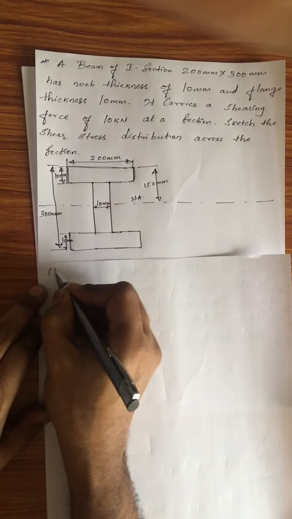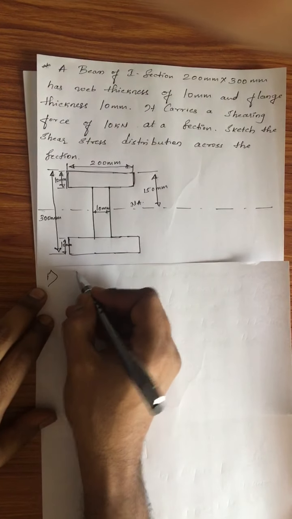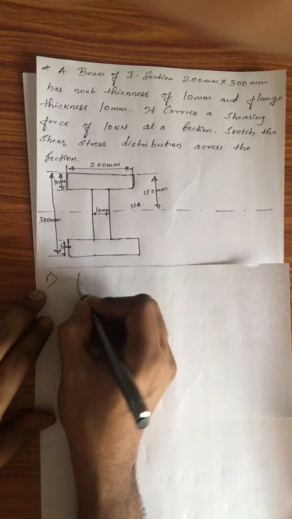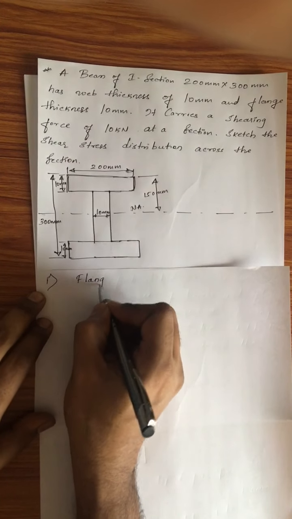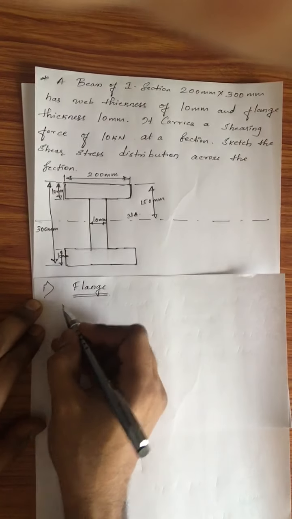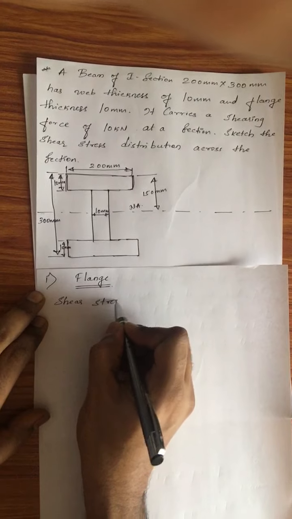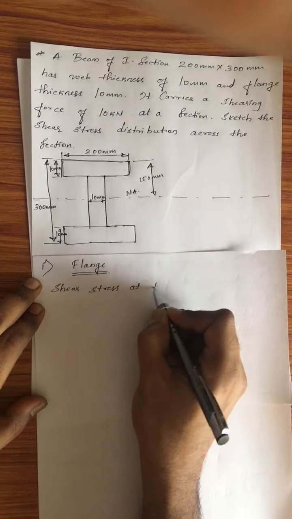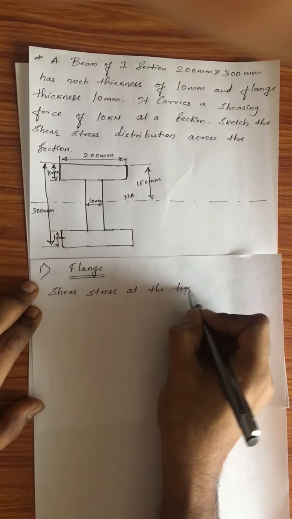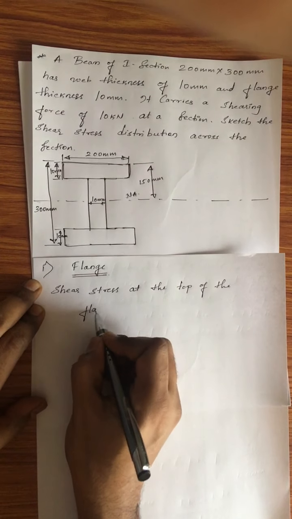So first I'll write shear stress in the flange. First I'll find out the shear stress distribution in the flange portion. Okay, now we know that the shear stress at the top of the flange will be equal to 0.